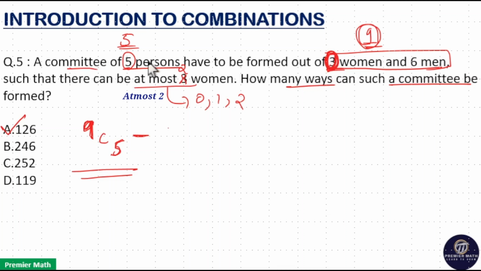That is, the possibility of including 3 women in the committee is, we have to choose 3 out of these 3 women. Then if 3 people are women, the remaining 2 people should be men. That is 6C2. That is, we have to subtract 3C3 into 6C2 from this 9C5.